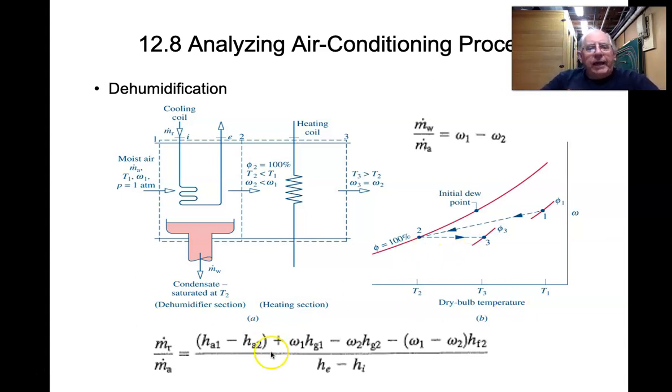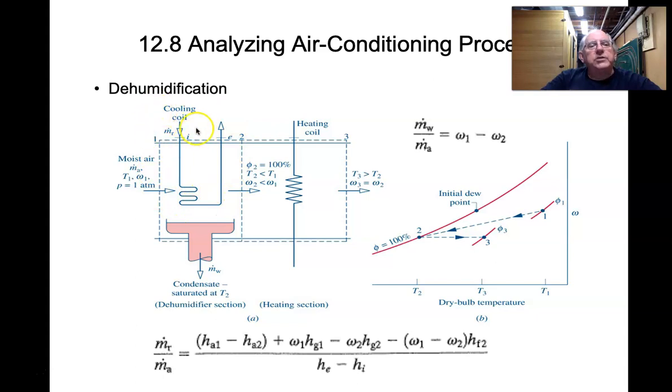And so if we look at the equation, this particular problem asked to determine what would be the mass flow rate of the refrigerant when compared to the mass flow rate of the dry air. So it's this stream versus this stream here.